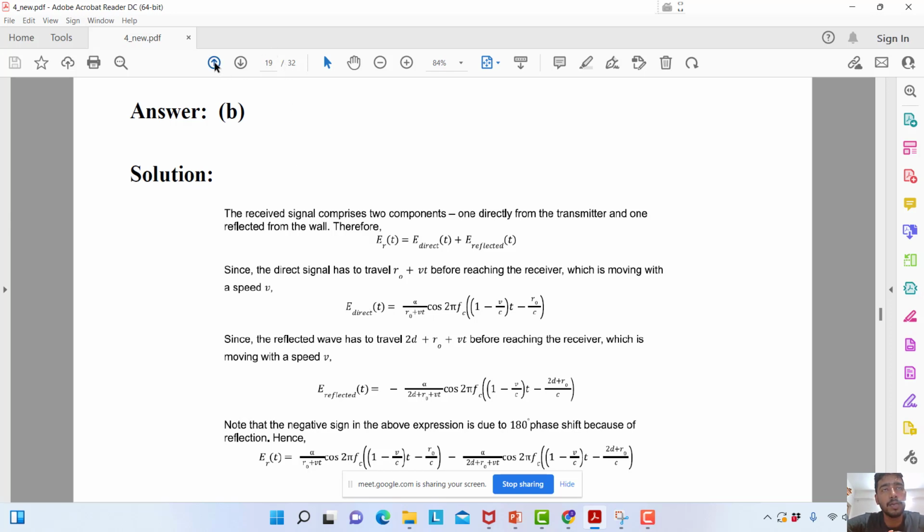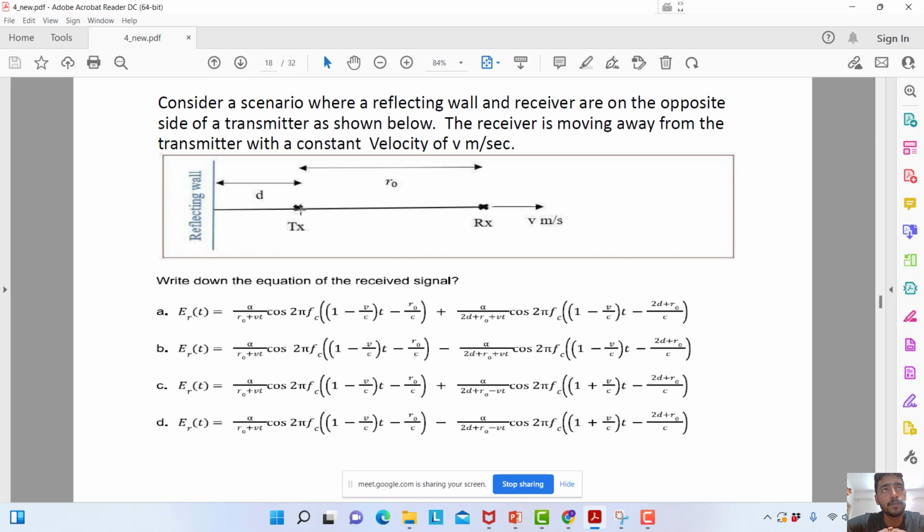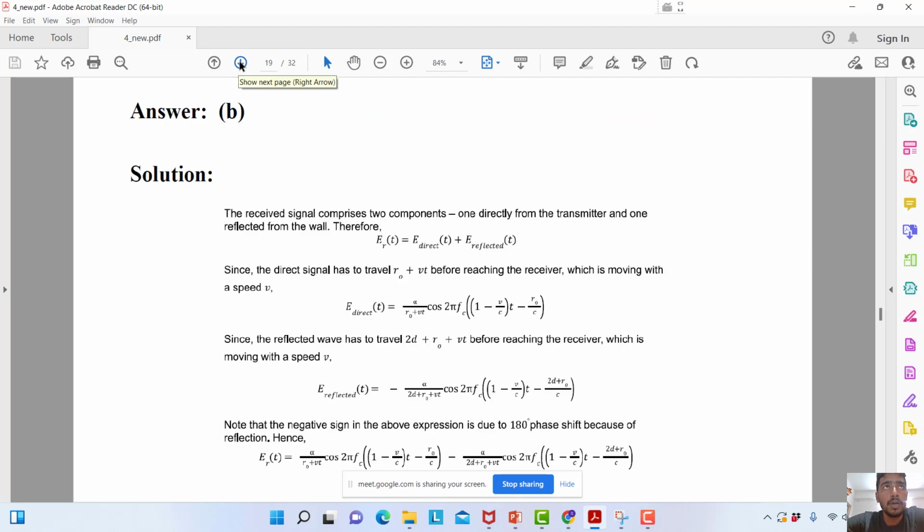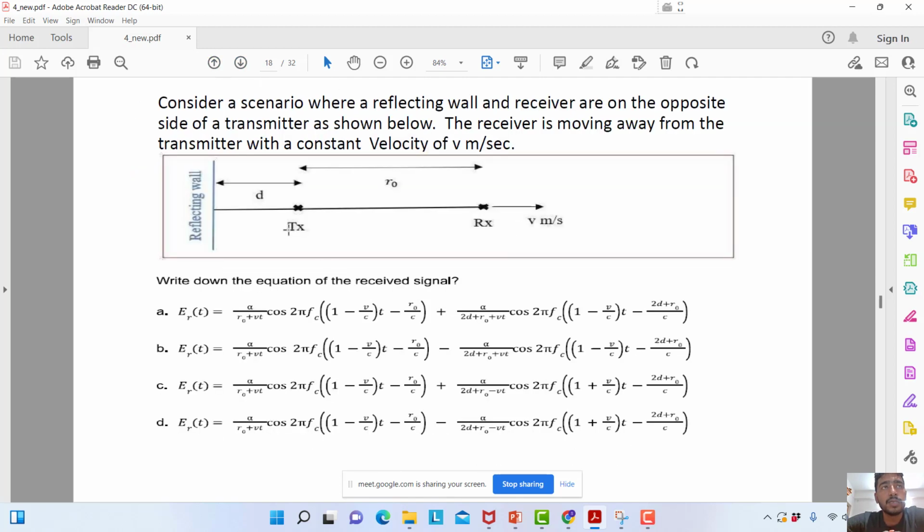Now for the reflected wall, the signal first moves to the wall at distance d, then it reflects and covers 2d plus r0 distance, and the phase is also shifted; it is just opposite.